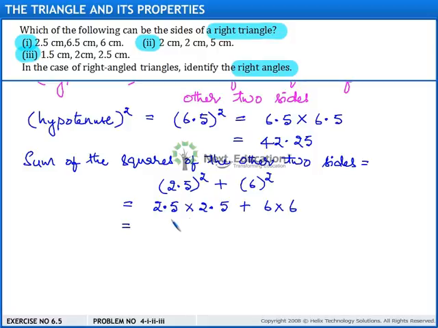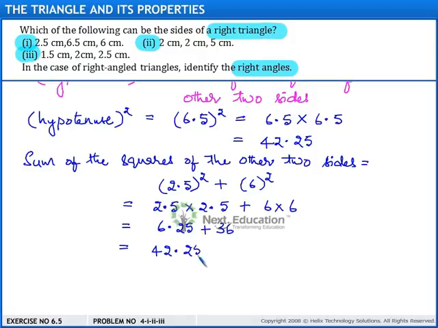So on multiplying, you will be getting 6.25 plus 6 into 6 is 36. So on adding, you will be getting 42.25. So we can say that the square of the hypotenuse is equal to the sum of the squares of the other two sides. Therefore, this satisfies the Pythagoras property.